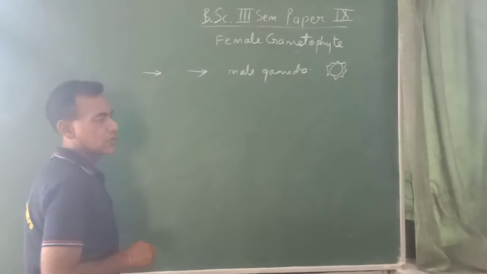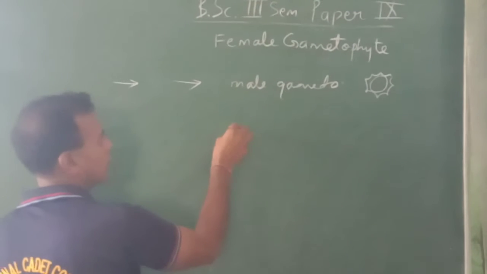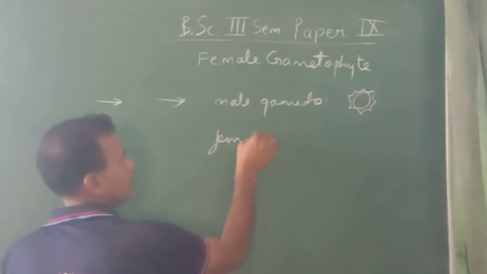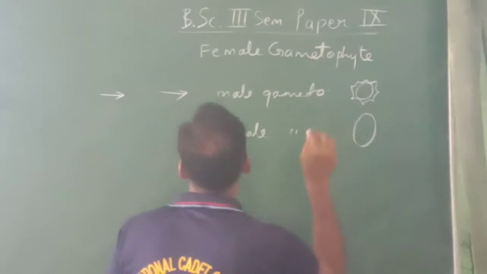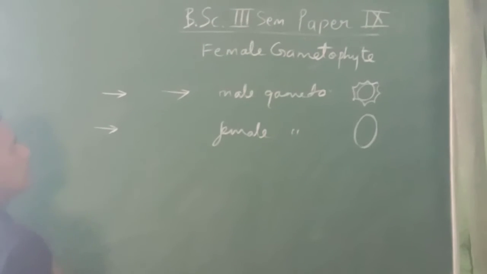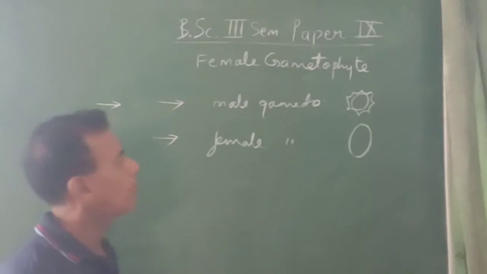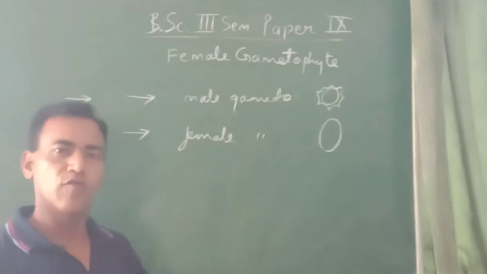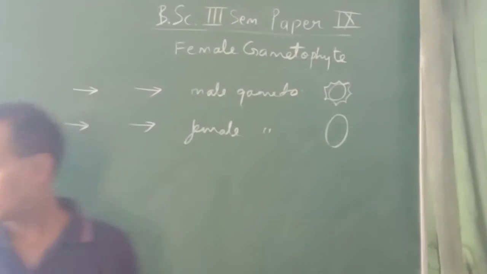In the next e-learning session, we studied the development of the female gametophyte, that is the embryo sac, after megasporogenesis and megagametogenesis. Now, before starting with fertilization, I would like to tell you about the embryo sac or female gametophyte.